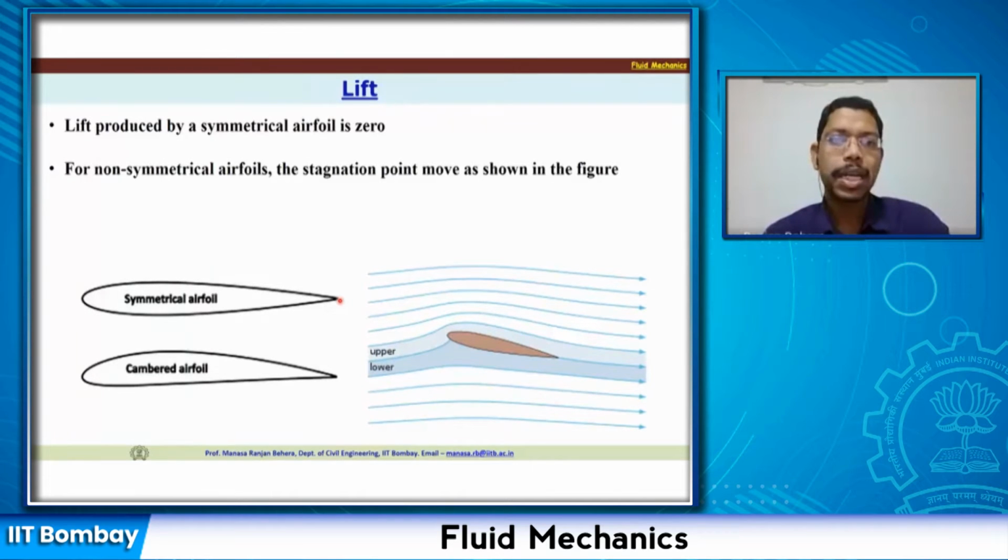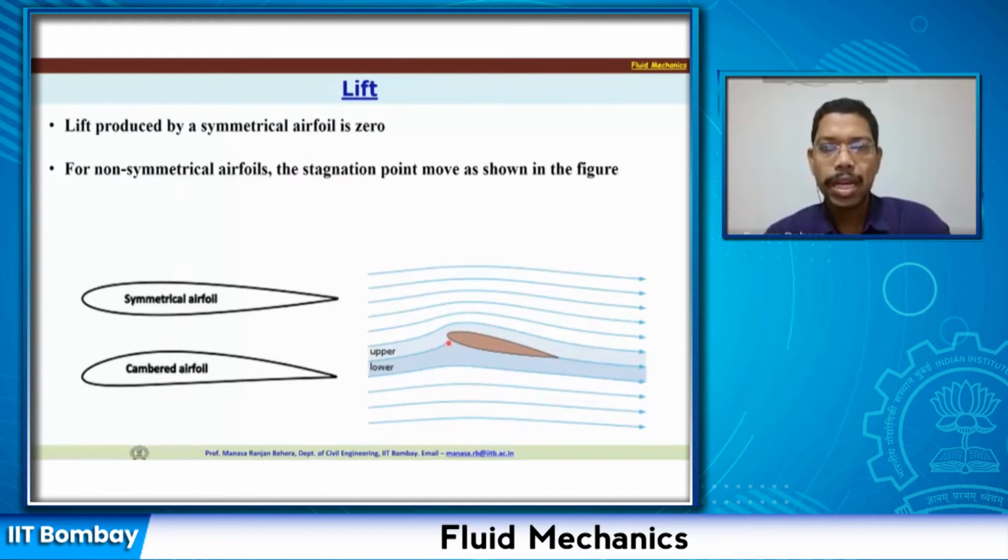Okay, but in case of real fluid flow, due to boundary layer separation, if the boundary layer separates slightly before the tip, then the stagnation point can be somewhere here and there will be a wake. Now in case of an inclined body or one with a cambered surface, what happens? The stagnation point is going to move slightly downwards.